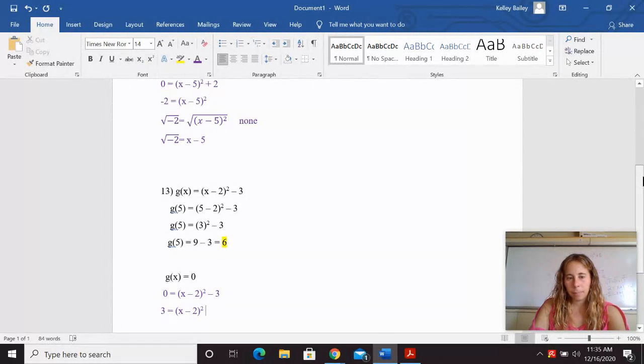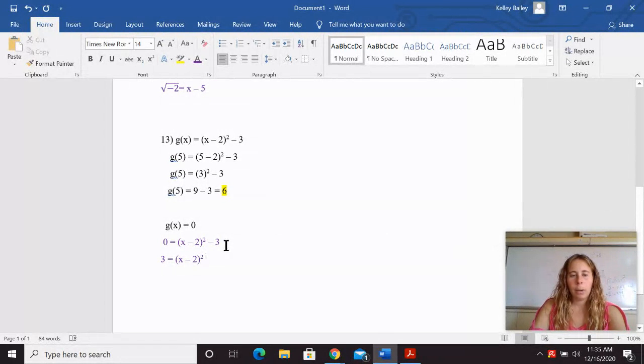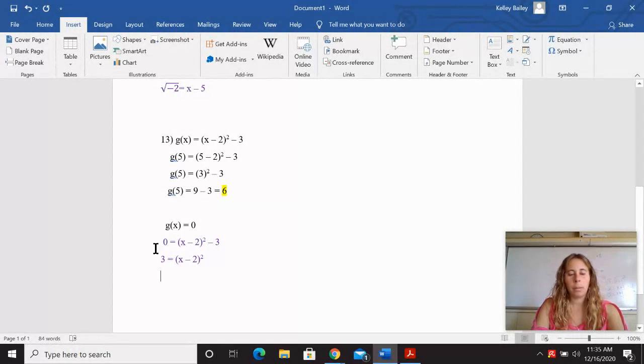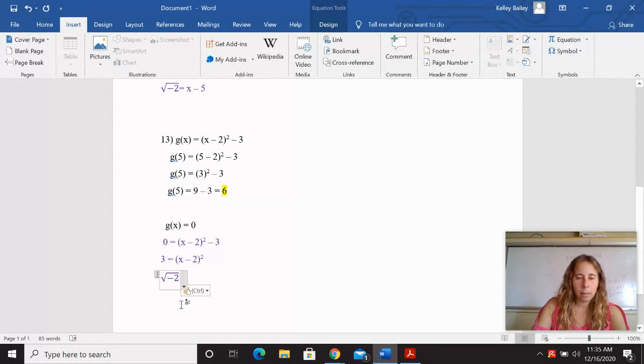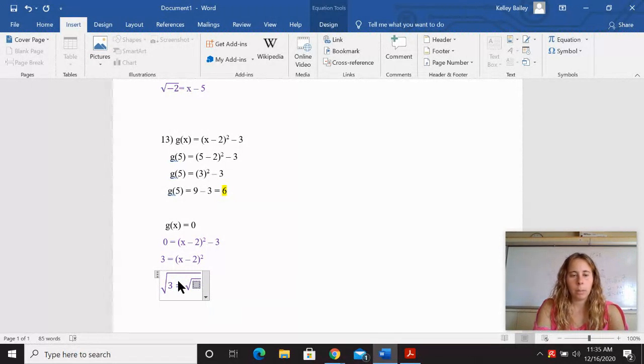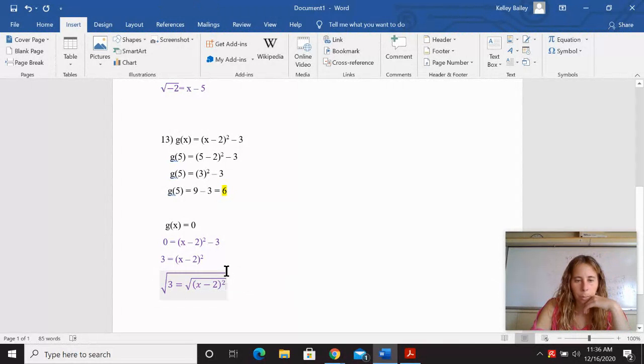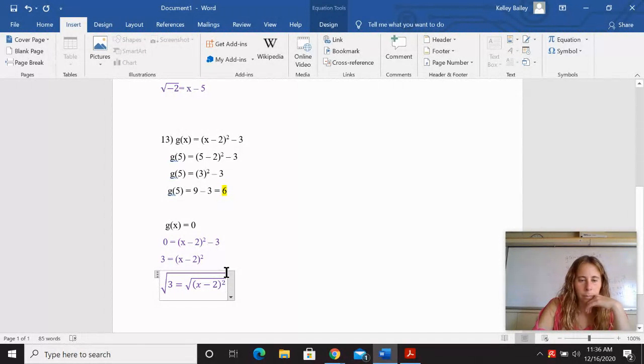Okay. Now you're going to take the square root of both sides. Square root of 3 equals square root of (x minus 2) squared. Okay, I can't do that.